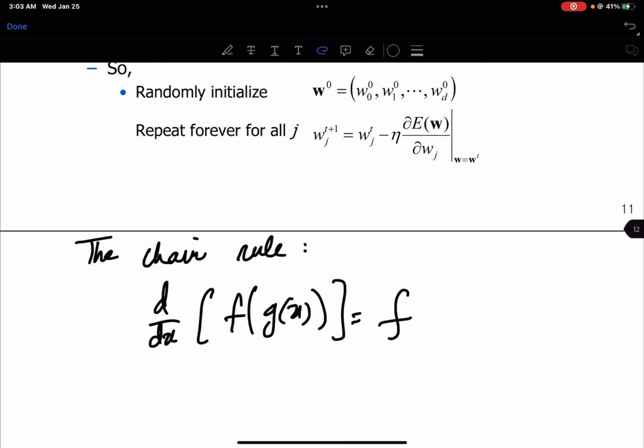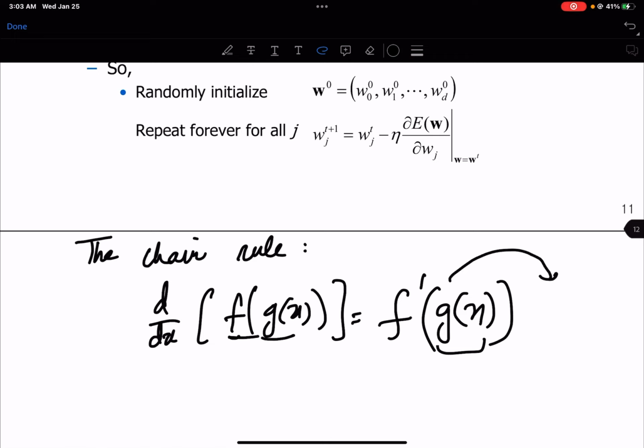If we have a function that is a function of a function, first we take the derivative with respect to g of x, and then we again differentiate g of x with respect to x.